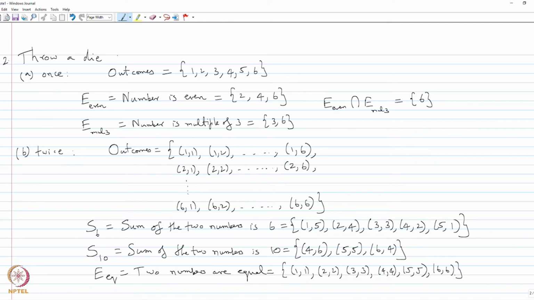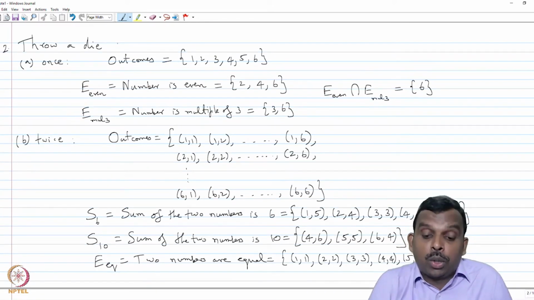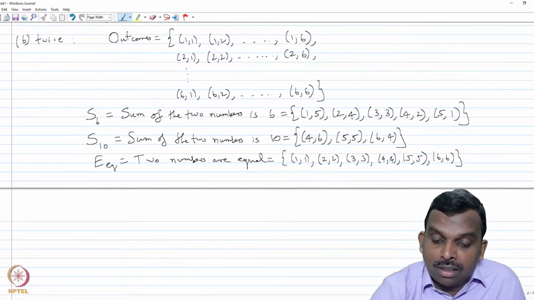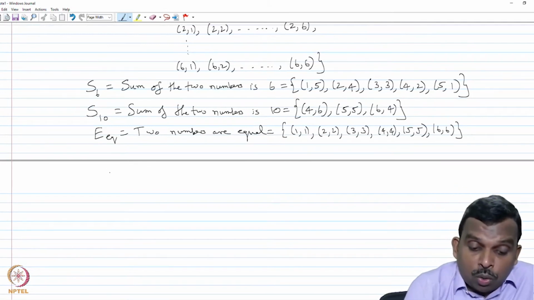And then you can start intersecting. You can intersect S6 with E equal, and S10 with E equal. You can start doing all these games, and you will get different possibilities. So you see that when you throw a die twice, you already get a very interesting list of events that you can make.